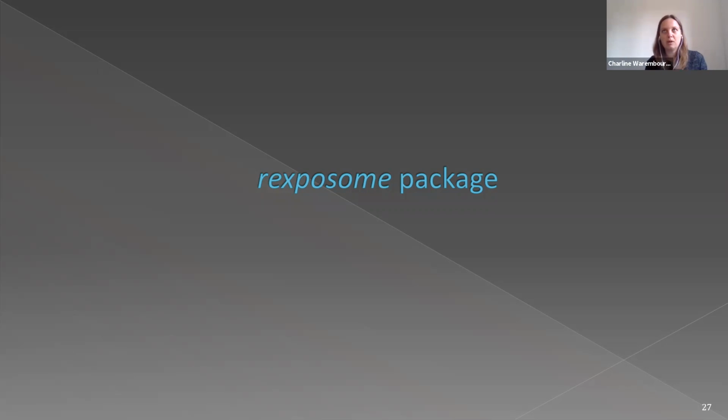Yeah, for the ExWAS, we look at each exposure separately. So we create as many regressions as we need to look at all the exposures. We make one model to study, I don't know, PM2.5, and then another model to study PM10, then another model studying exposure to PCB, another model for a pesticide, and so on.